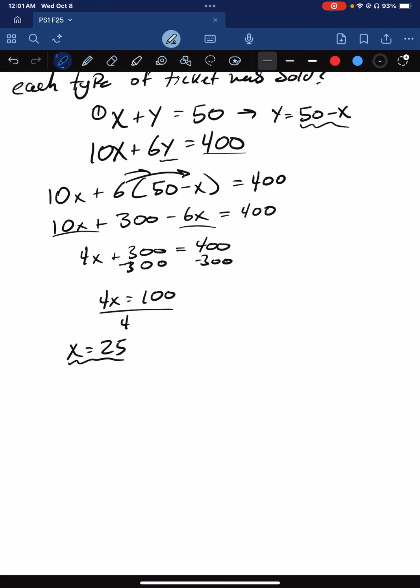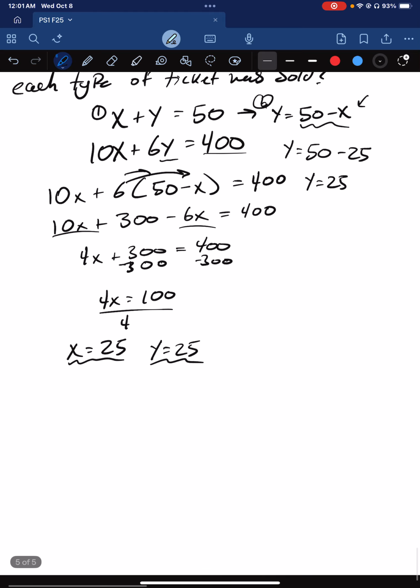But we even solved it for y over here, so I'm actually going to use this one. So we plug in 25 here, we get y equals 50 minus 25. I can do that. Y equals 25. Wow, that's awesome. They're the same thing.